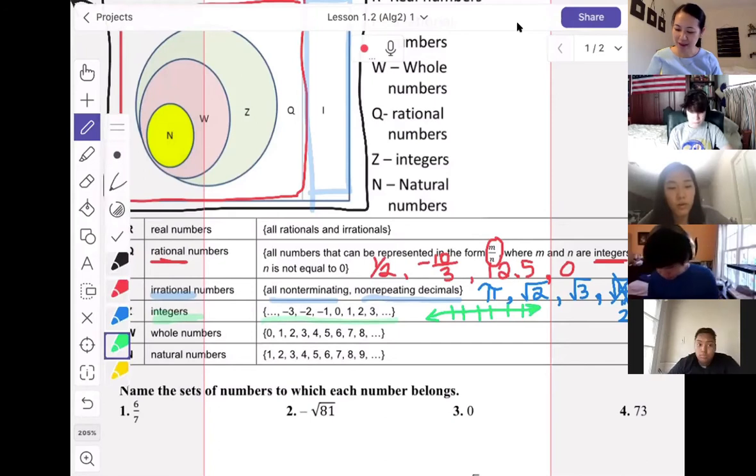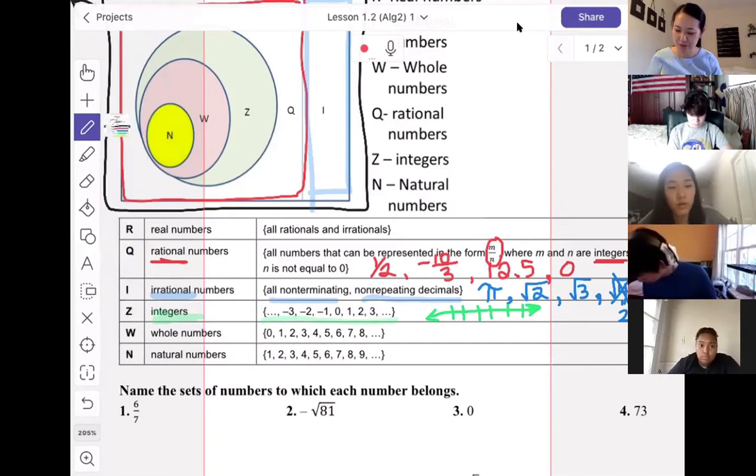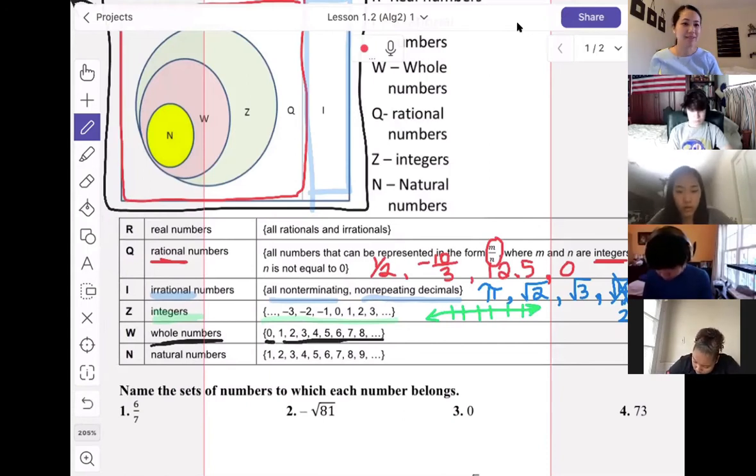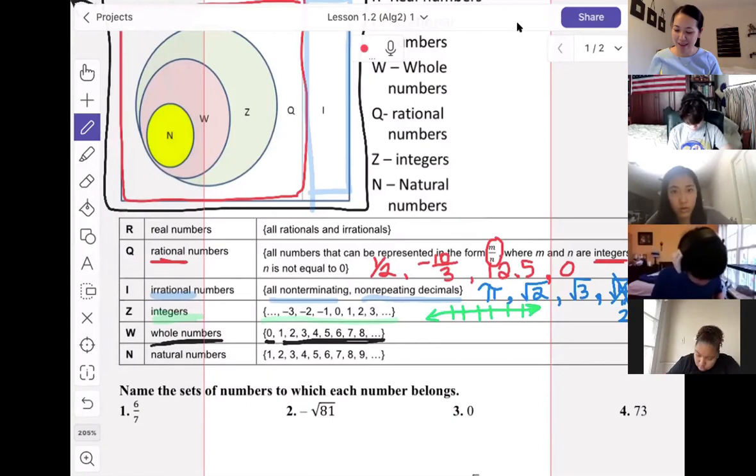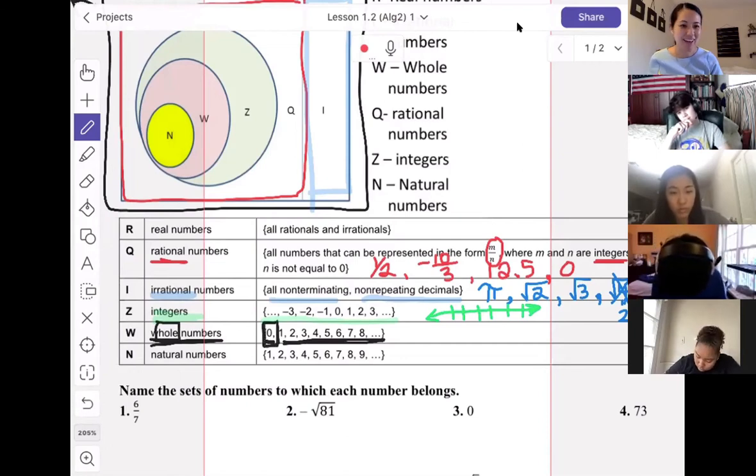Okay, and then next we got whole numbers. Whole numbers are the positive integers plus 0. An easy way to remember that is it's a whole number with a hole. Whole like H-O-L-E, whole numbers have the hole, 0.